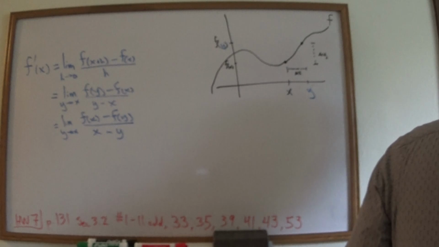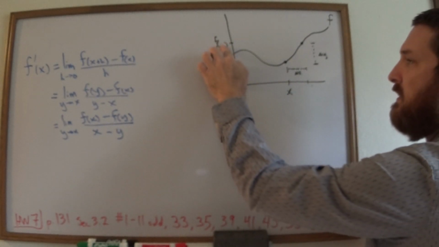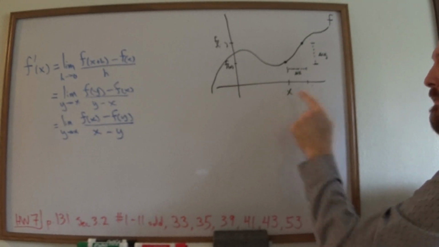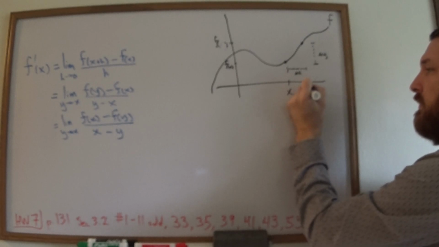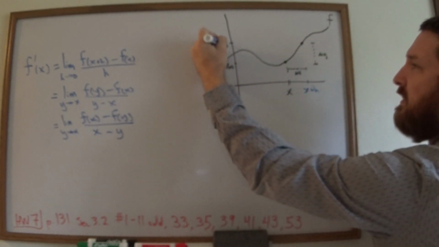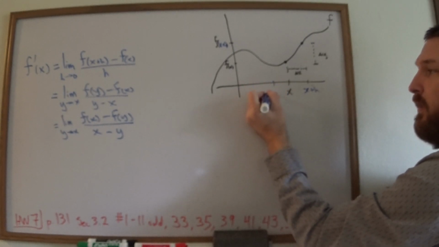There's a little bit more creative way of doing this. Instead of going over here to h and setting it up so you're at x plus h, another way is to also go back by a distance of h.